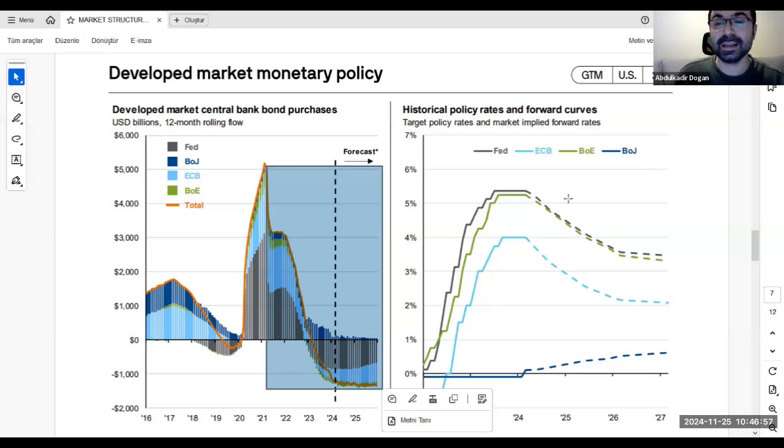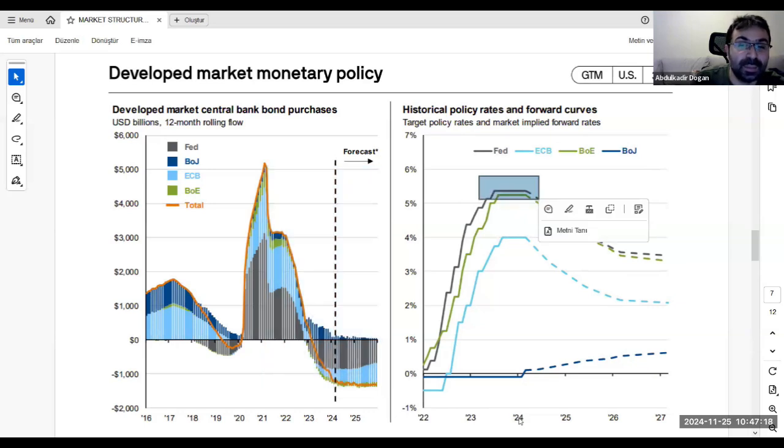And I can easily understand that this light blue is for the ECB, and the black one and the light green one are the Federal Reserve and the Bank of England respectively. Their interest rate peaked at approximately 5.5% in the middle of 2024. It peaked for the European Central Bank at 4%. But today, as you see, we are here, almost here.